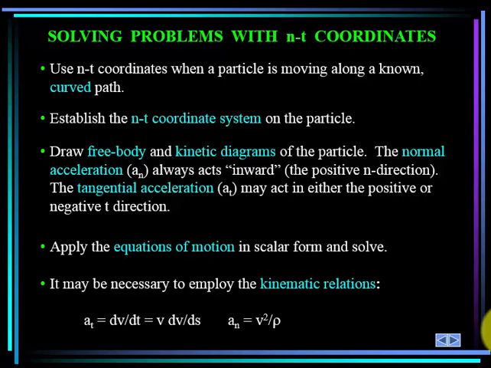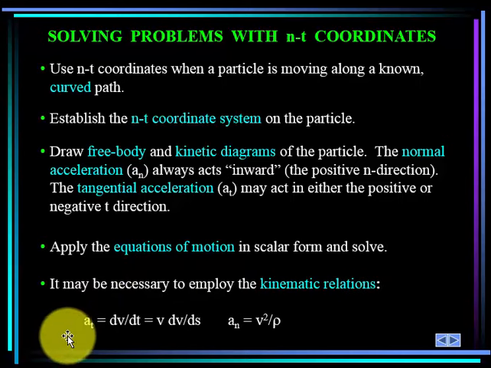And of course, to solve these kinds of problems, normal-tangential is useful when we have motion along a curved path. We will choose our normal-tangential coordinate system properly. We will draw free body and kinetic diagrams properly by very carefully putting the normal and tangential unit vectors on the free body diagram. We will show the definitions of the positive direction vectors, then write the equations of motion, and then apply any kinematics that are necessary.